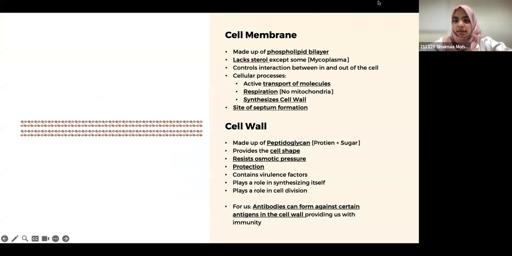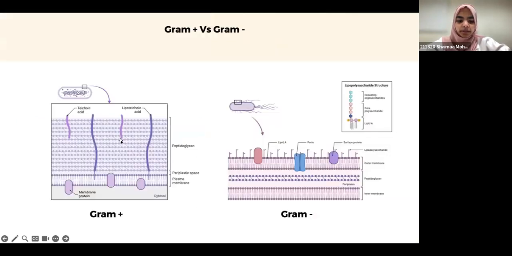Yes, okay. You mean the cell membrane or the cell wall or both? Okay. So the cell membrane, as we can see, let me remove it.